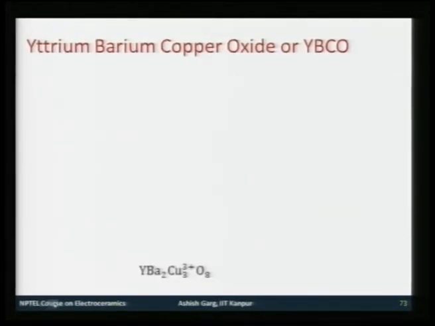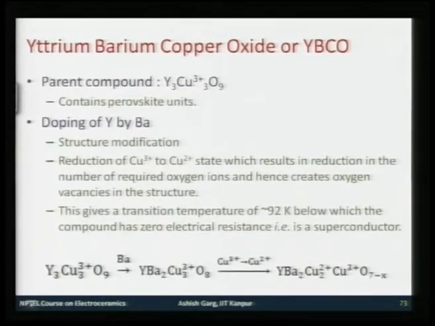So, for instance, in YBCO, the parent compound is yttrium copper oxide, where copper is in the +3 state, and this contains the stacking of YCuO3 perovskite units along the C axis. As you can see, if you multiply YCuO3 by 3, it becomes 3 perovskite units. Now, it is made superconducting by substitution of 2 of the yttrium ions by barium, which modifies the structure a little bit, followed by reduction of Cu3+ to Cu2+, which creates some oxygen vacancies as well as a reduction in the number of required oxygen atoms.